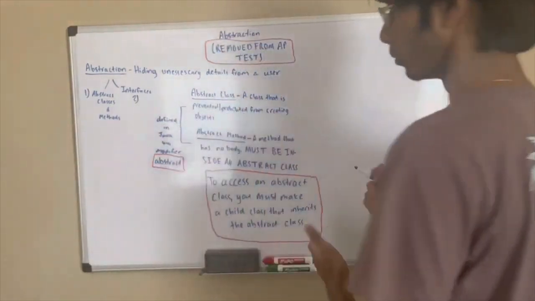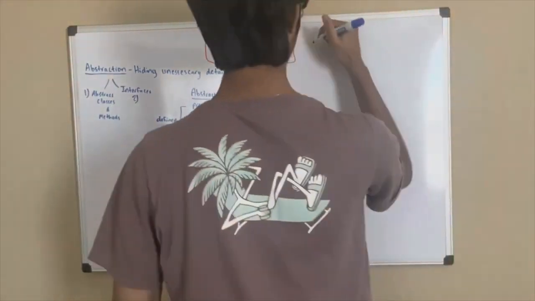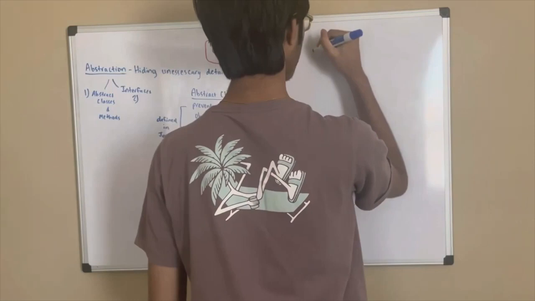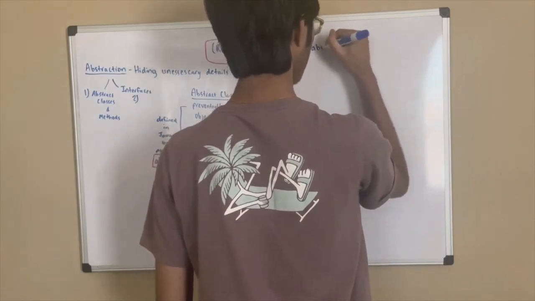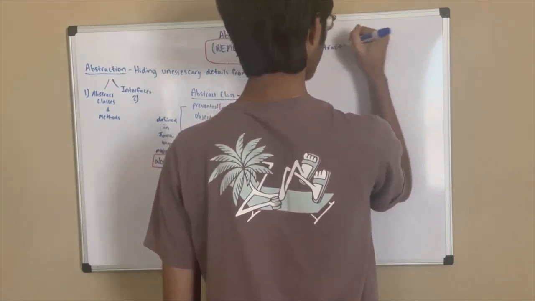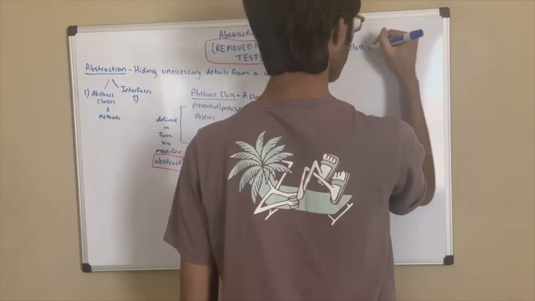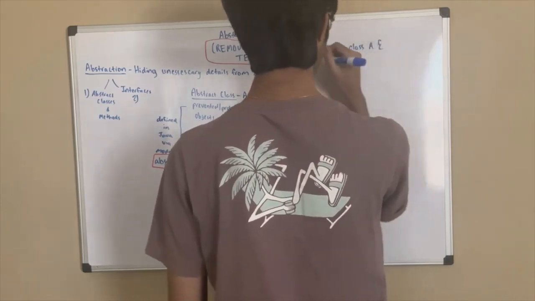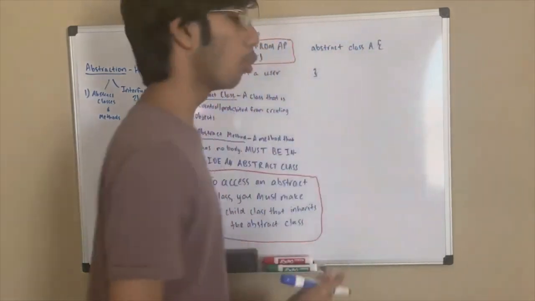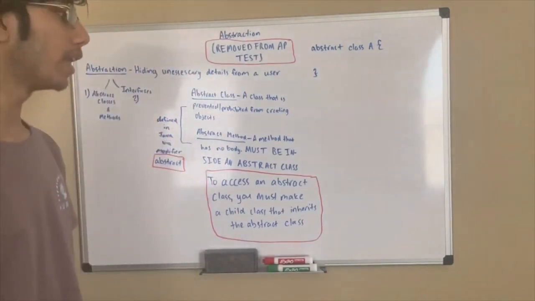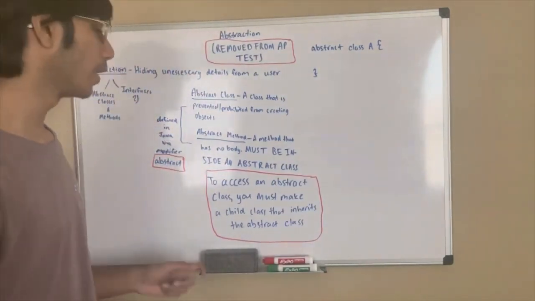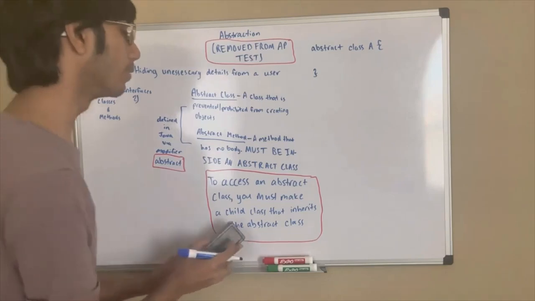Okay, so first step, make an abstract class. An abstract class does not only have to contain abstract methods, it can contain regular methods as well. And those regular methods can have a body in them.